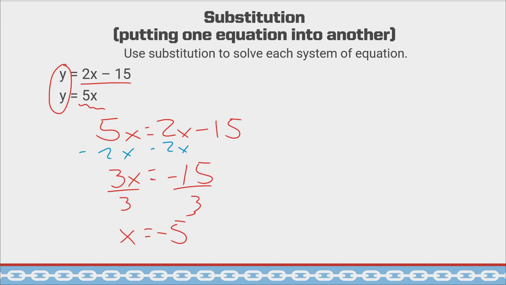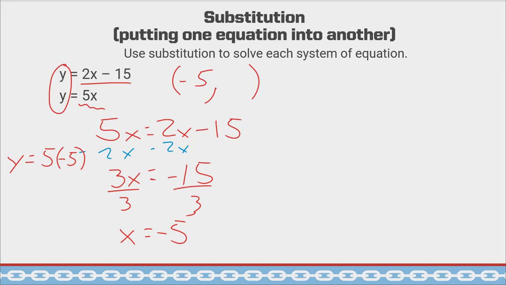But that is only part of my solution, because when you are solving systems of equations, you want to know the x and y value, and I only know x. So I'm going to pick one of the two equations that I started with and substitute my x value into it. I'm going to pick y equals 5x because it is the simplest equation. No point in doing extra work.